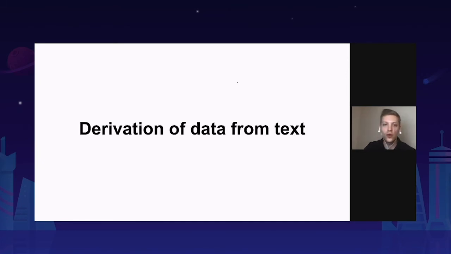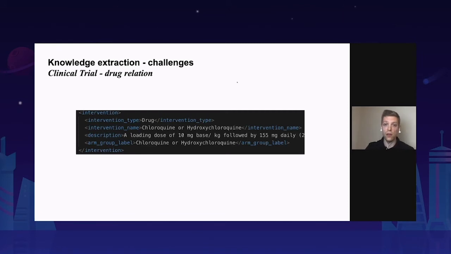Not all of the corpora are available online with NER output, so sometimes we have to derive data out of text on our own. The challenge that we had was during work with clinical trials data.